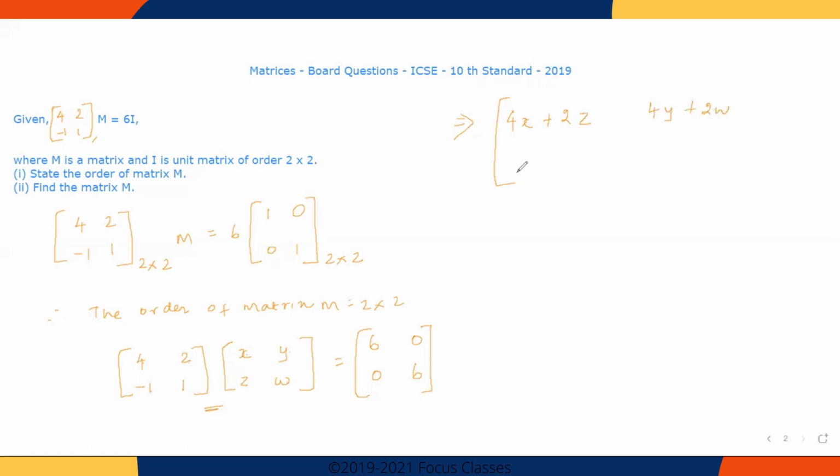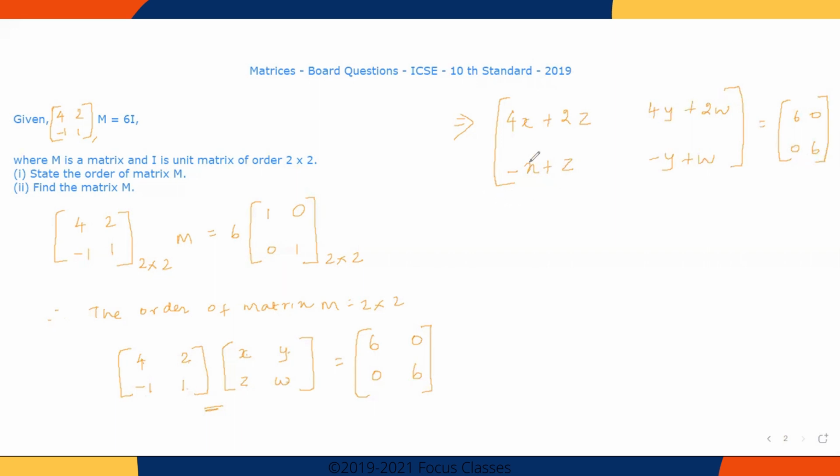And then second row first column, minus 1 into x, minus x plus z, and then minus 1 into y plus 1 into w. So we can write minus y plus w is equal to [6, 0; 0, 6].